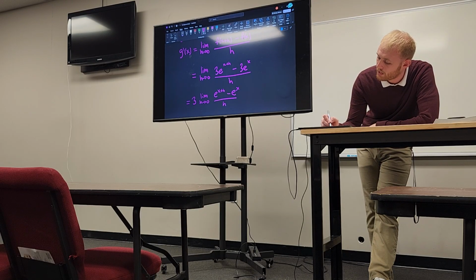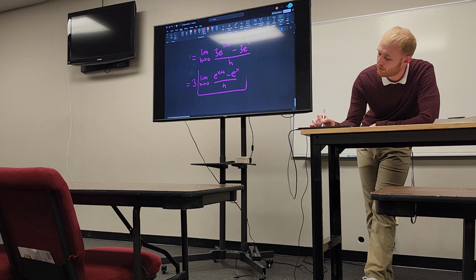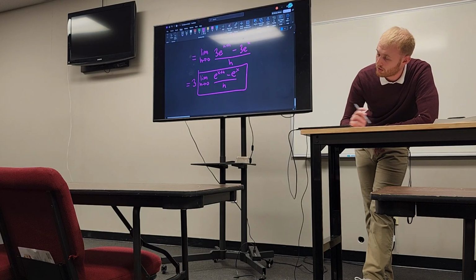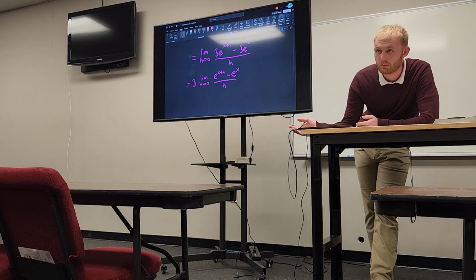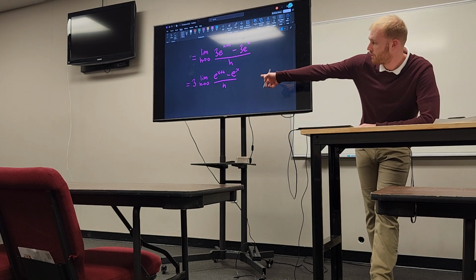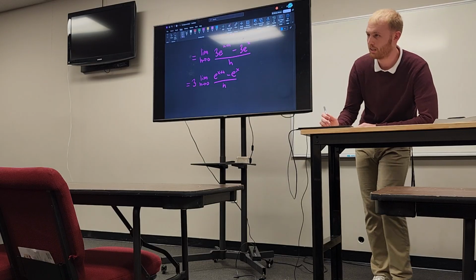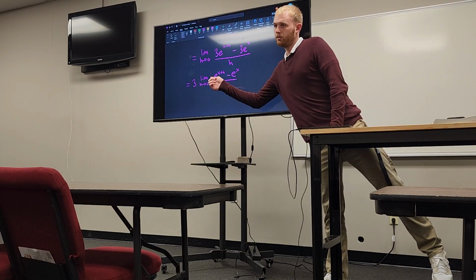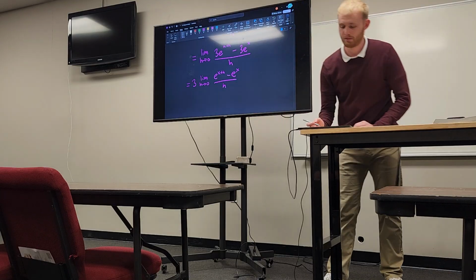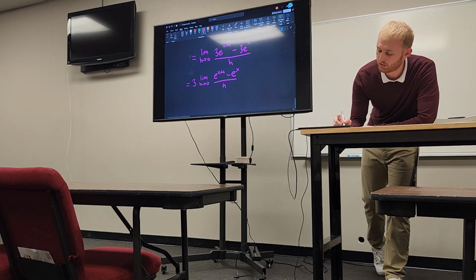We have this. What does this look like? Look at your notes. It's e to the x. We just did this calculation for e to the x. This 3 is independent of the derivative of e to the x. It's just a scalar factor.